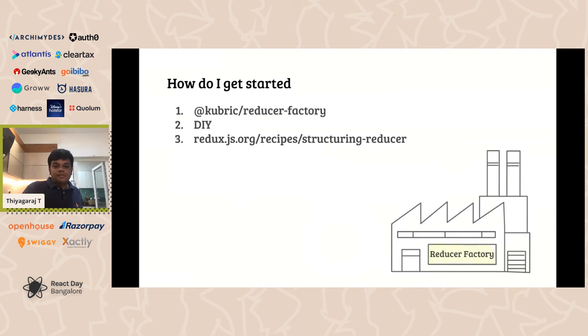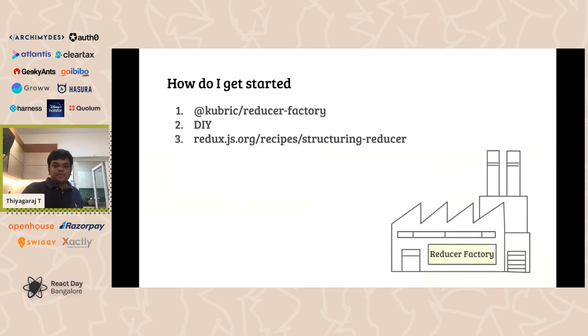If you don't want to get into the business of reinventing, you can look at Reducer Factory by Kubrick. We wrote that a while back, and it solved most of the use cases in our applications. You can even take some inspiration from the configuration, on how to define usable configurations.